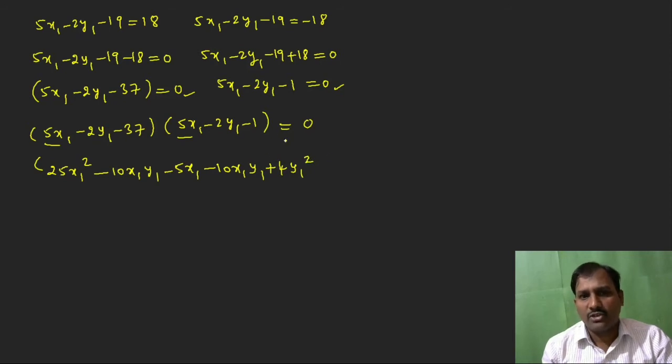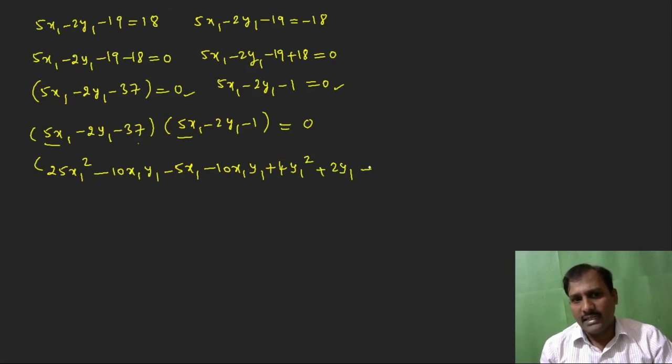Minus 2y1 into minus 1 is plus 2y1. So now minus 37 into 5x1 is minus 185x1, minus 37 into minus 2y1 is plus 74y1, minus 37 into minus 1 is plus 37, equal to 0.